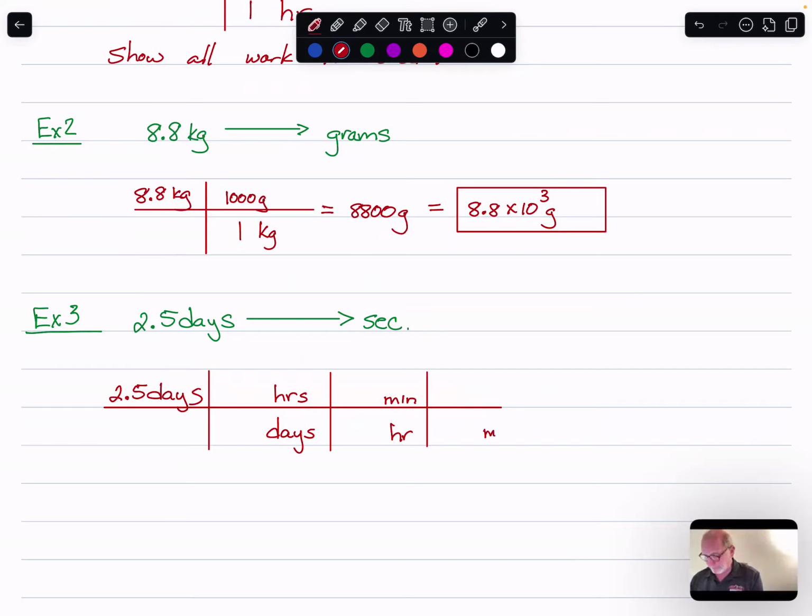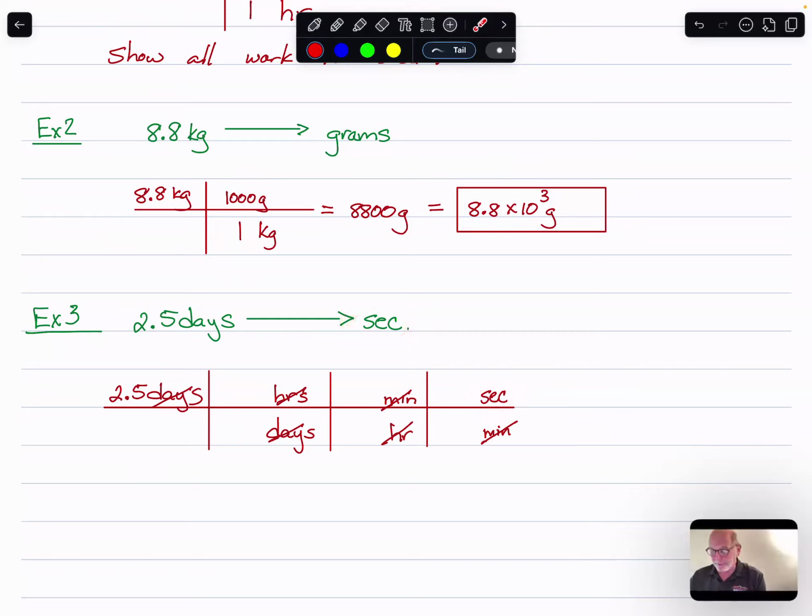Let's go from minutes to seconds. Those are the steps. So when we look at our units canceling, days cancel days, hours cancel hours, minutes cancel minutes, and we're left with a unit of seconds, which is what we're looking for.